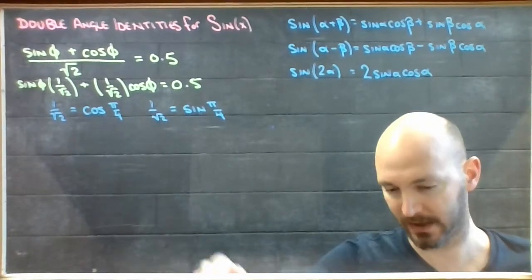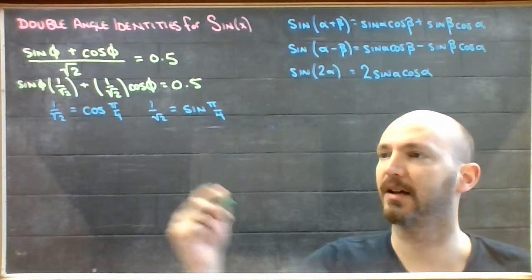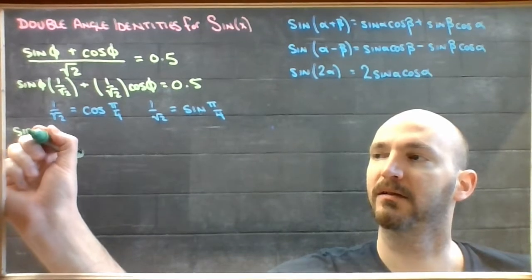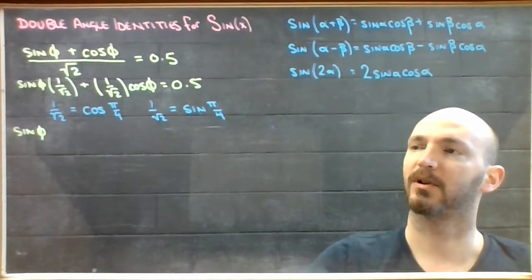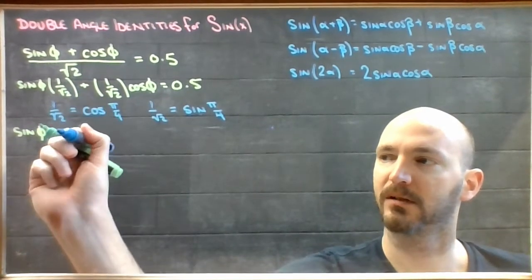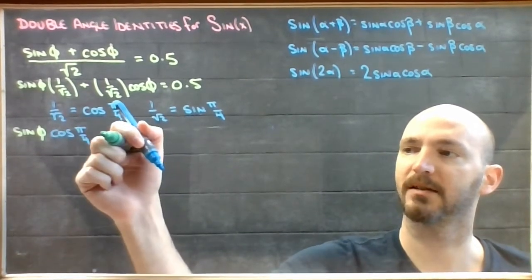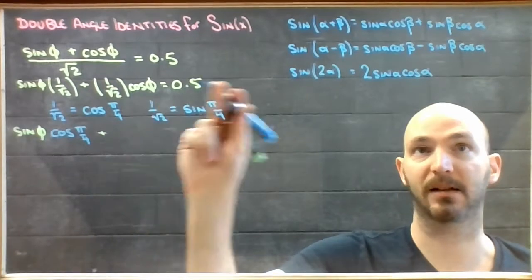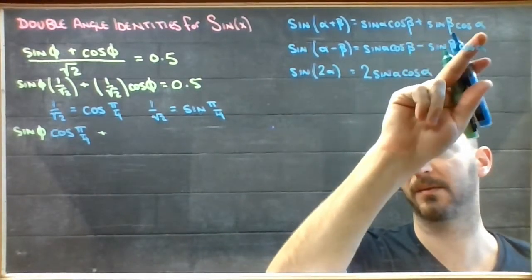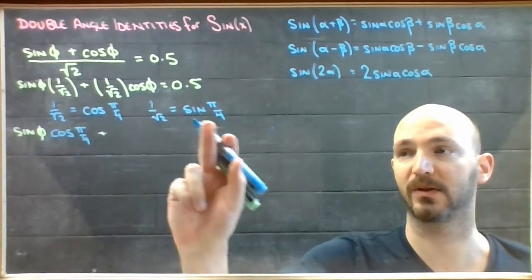So I'm going to write this as sine phi cos pi over 4 plus, and in the second part I need a sine of something times a cos. I already have the cos, so I'm going to use this.